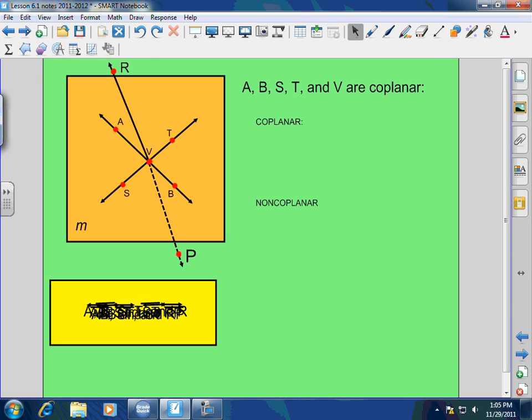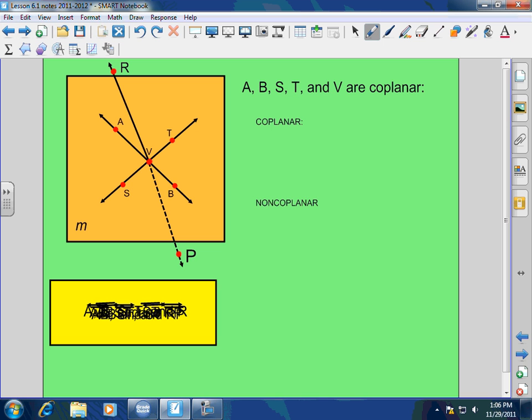Now, let's look here to understand whether or not you got this. Let's be clear with this drawing. RP is going through plane M. So what I'm trying to draw here is a flat sheet of paper, which we're going to call plane M, which is horizontal.